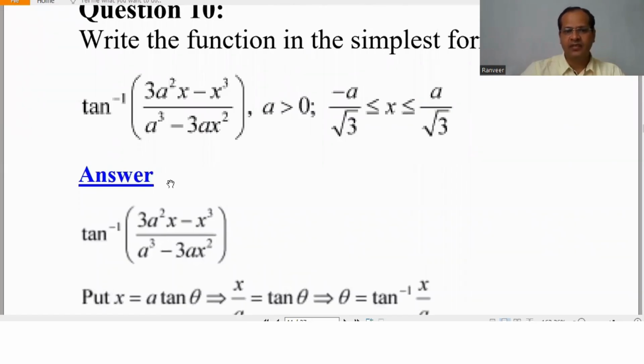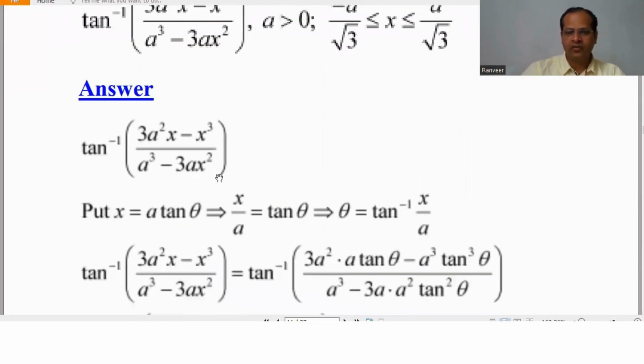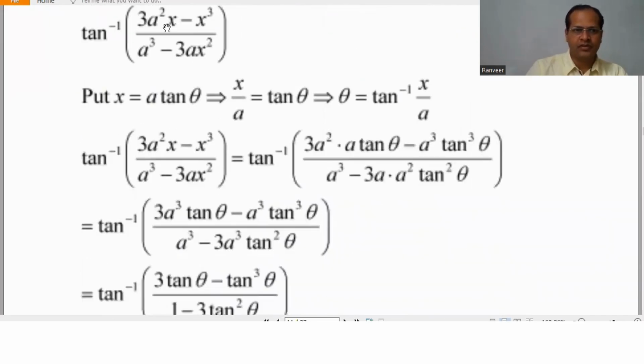Write the function in the simplest form: tan inverse of 3a square x minus x cube by a cube minus 3a x square. Here also we need the proper substitution. Wherever the constant is there, we have to do the proper substitution. So x equal to a tan theta we will substitute, so x by a equals tan theta and theta equals tan inverse x by a.